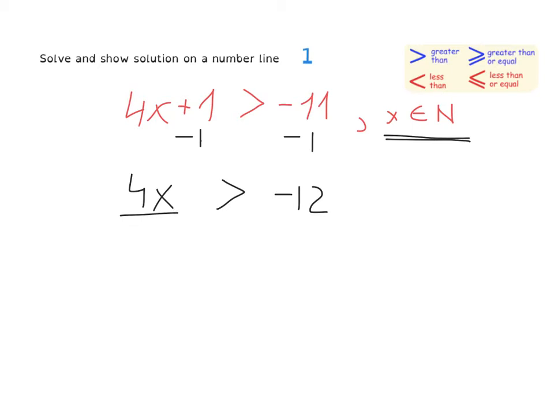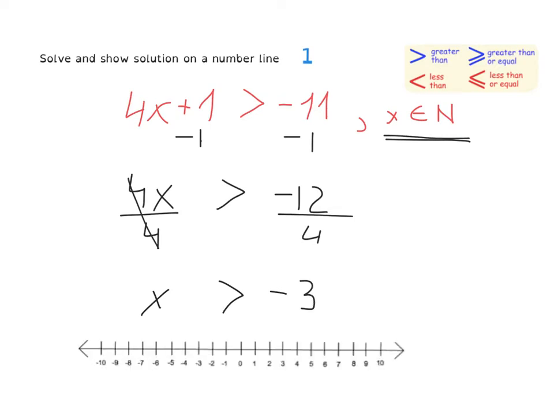So what do we do? We always divide by 4, cancelled, and x greater than minus 3. Okay, so at the end we have to show our solution on the number line, and we have to look at the condition on the top. So in here our x is a natural number, so every natural number greater than basically 1.